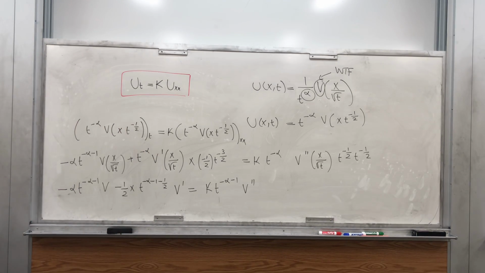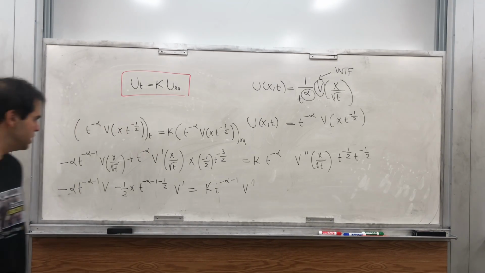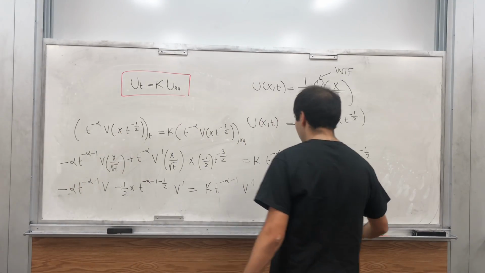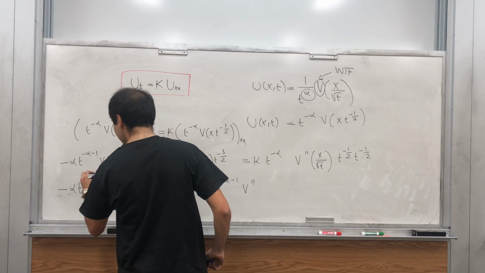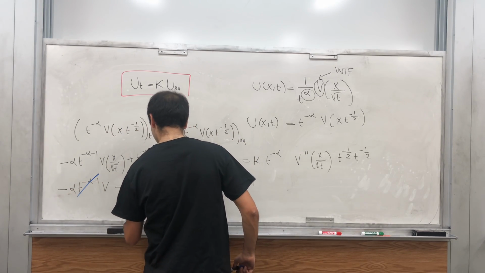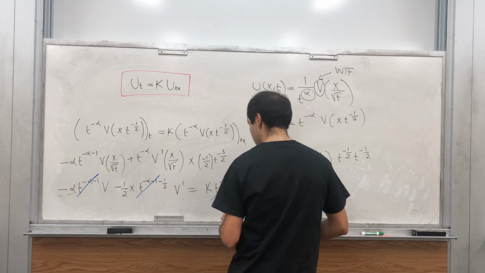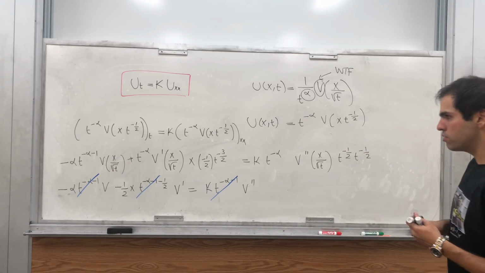Looks really scary, but notice a lot of the terms cancel out, yeah? This t to the minus alpha minus 1 all cancels out. And then we're left with something slightly easier.